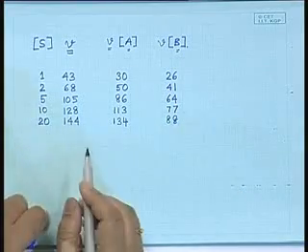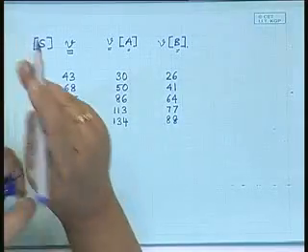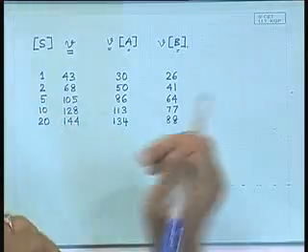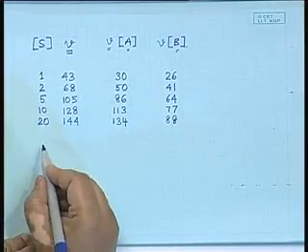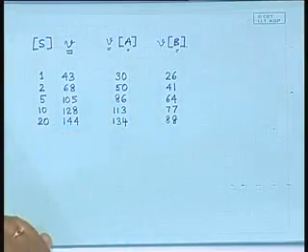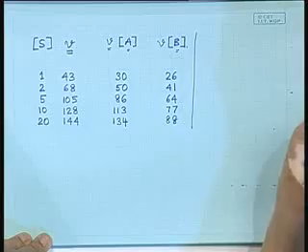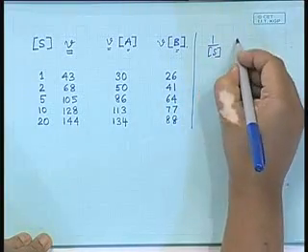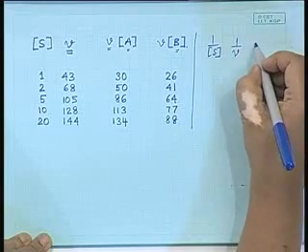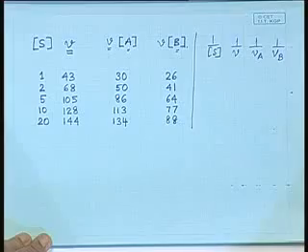Now what we are going to do is plot the Lineweaver-Burk plot for this case. So, if I have these S concentrations, what information do I require to plot my Lineweaver-Burk plot? I need 1 by S, 1 by V, 1 by VA, 1 by VB, right?